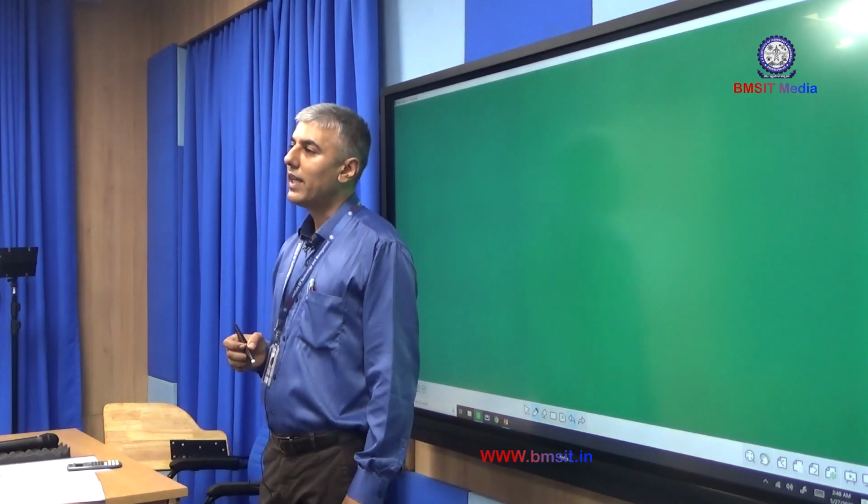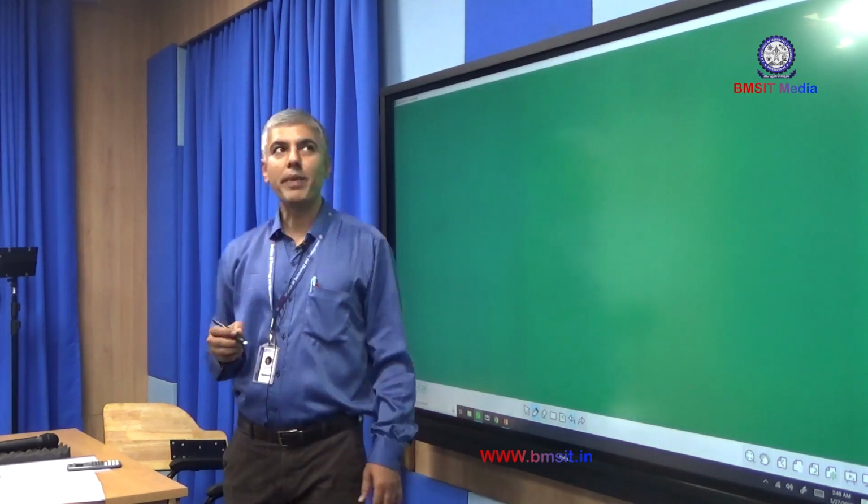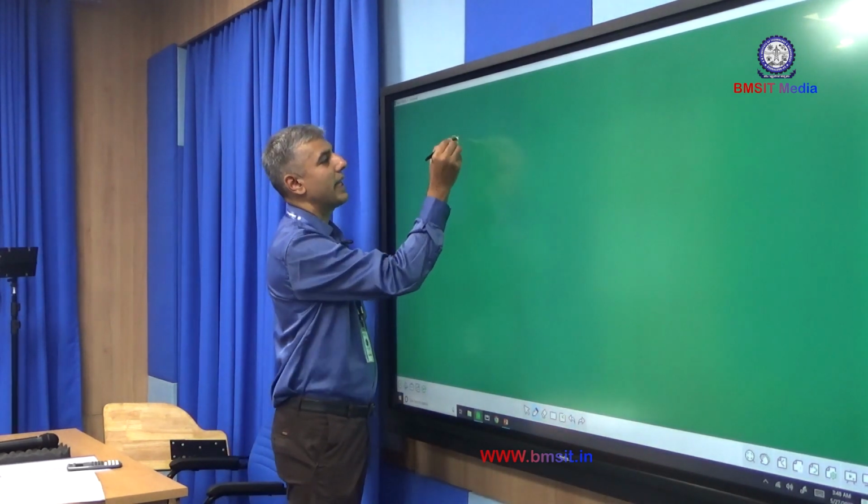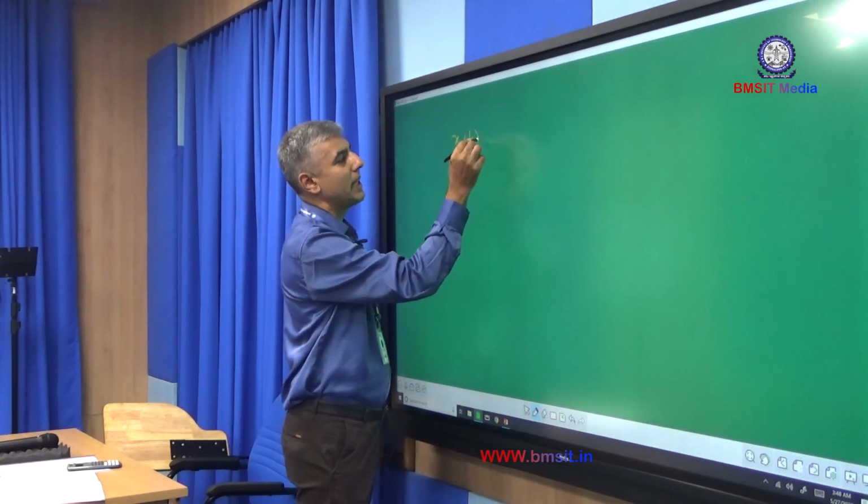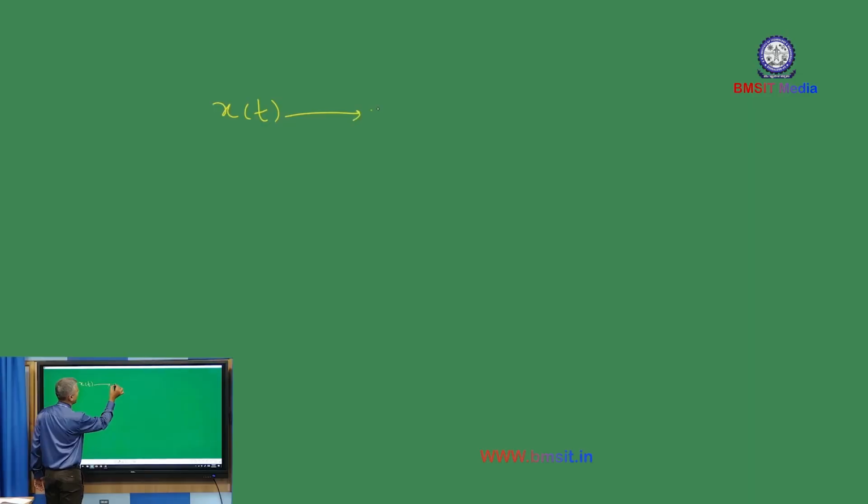Let's recall that a continuous time domain signal, for example x of t, will be sampled and converted to x of n. This is after sampling, and whenever I say sampling, you must recall the Nyquist criterion for sampling this signal, which says that the sampling frequency should be at least twice the maximum frequency that is present in x of t.